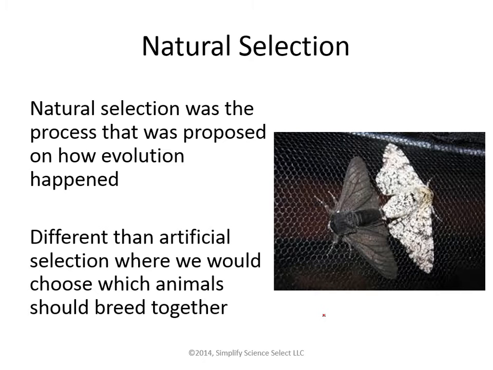In artificial selection, we as people get to affect which animals breed together. For example, all the different breeds of dogs we have. We have different breeds of dogs because you and I, well, dog breeders, have been taking, hey, I like this dog that's fluffy and that dog that's fluffy. Let's put them together until they have fluffy puppies. And we kept selecting for fluffiness.